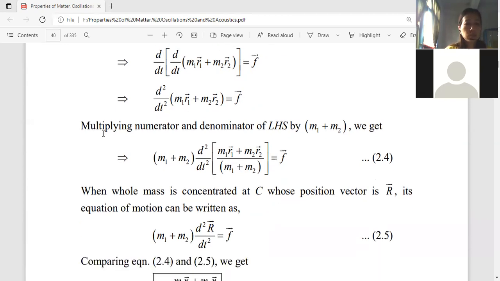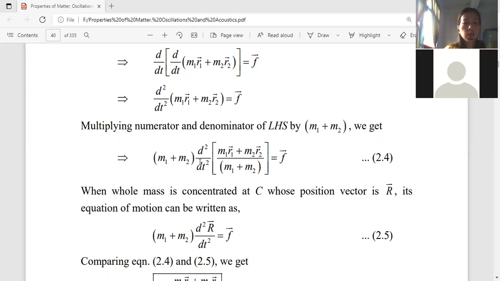Let us multiply the numerator and denominator of the left hand side by m1 plus m2. Why do we do this? Because we want to get the required result. We multiply the numerator and denominator of the left hand side by m1 plus m2, and then we get this.